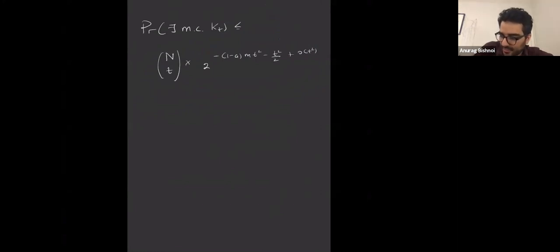And this thing you can estimate again. Yeah, n choose t is just n to the t. So you have n times 2 to the, let's write it nicely, 2 to the 1 minus a m times t minus t over 2 plus little o of t, raised to the power t.